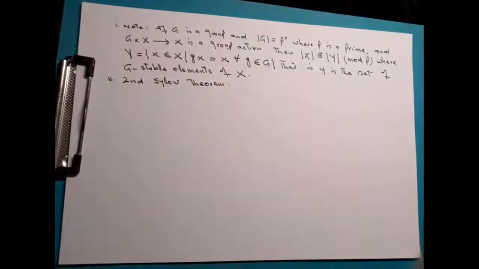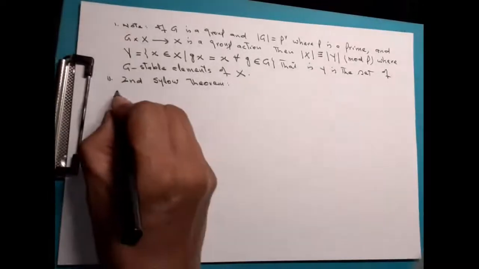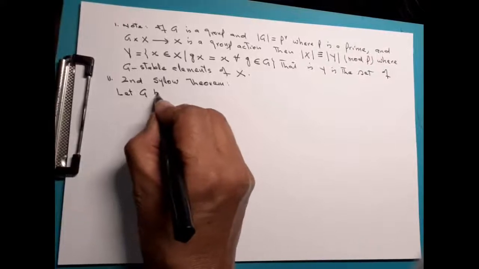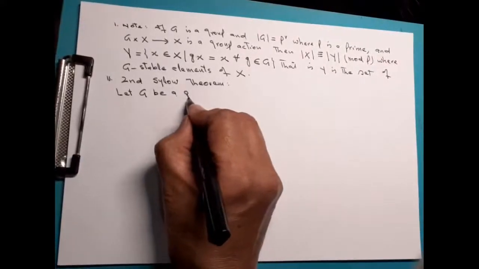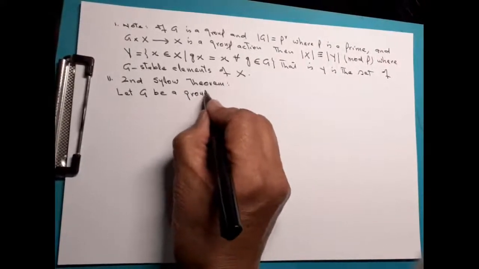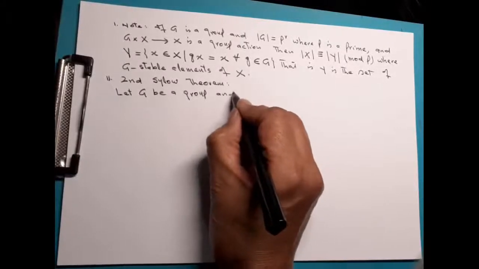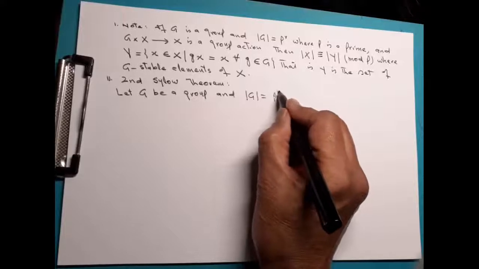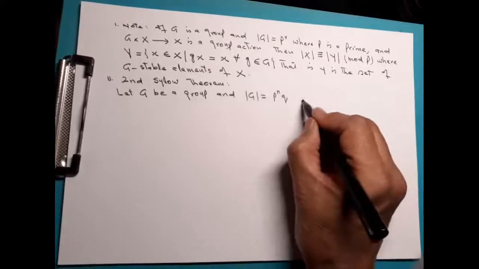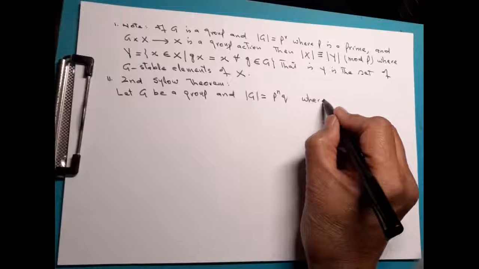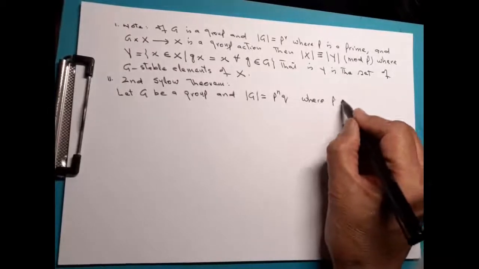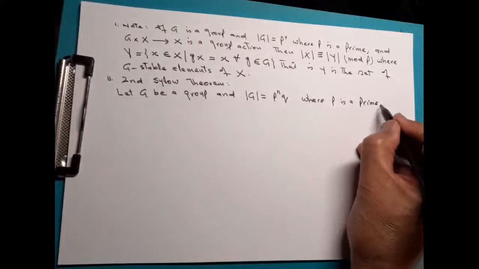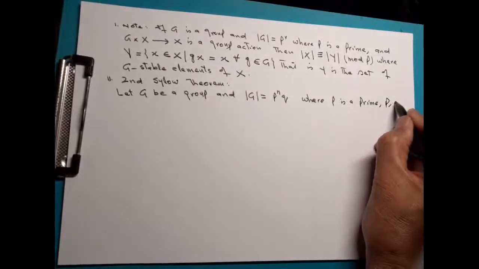The theorem says that let G be a group such that the order of this group G is equal to P raised to power n multiplied with Q, where P is a prime and P and Q are co-prime.